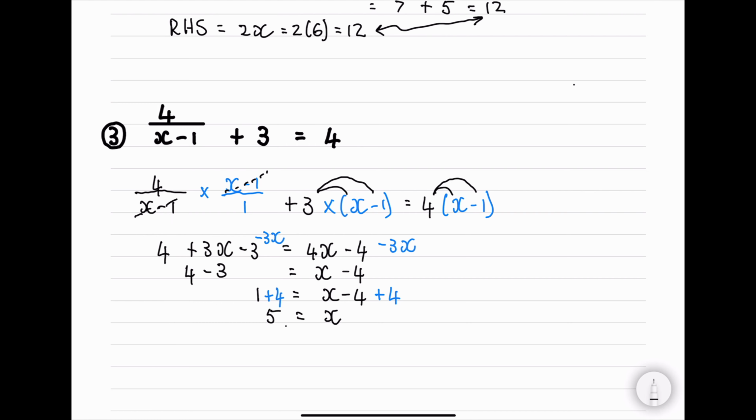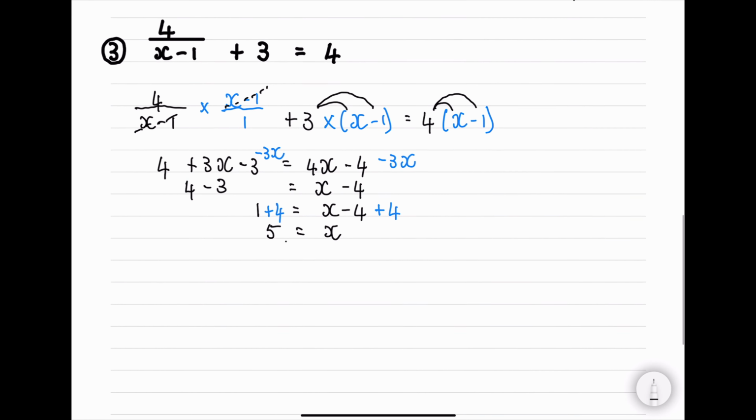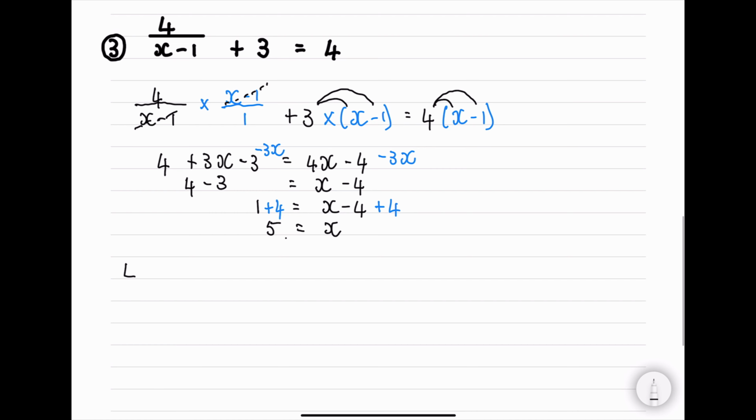And now, to test this, you do exactly the same thing. Left-hand side, which is 4 over x minus 1 plus 3. You got your x as 5, so you just substitute your value in.